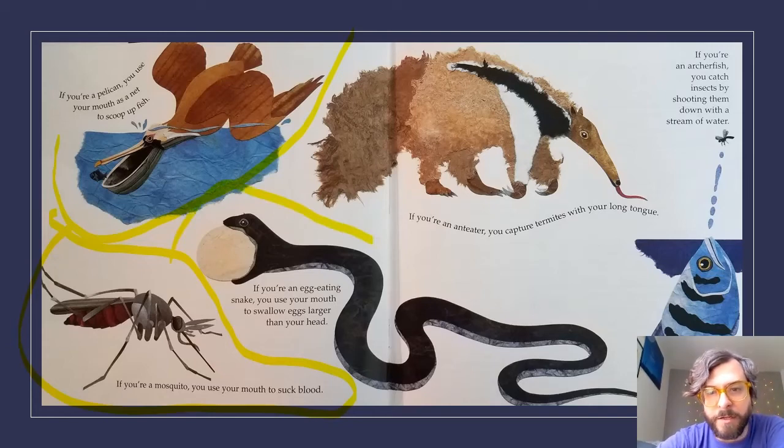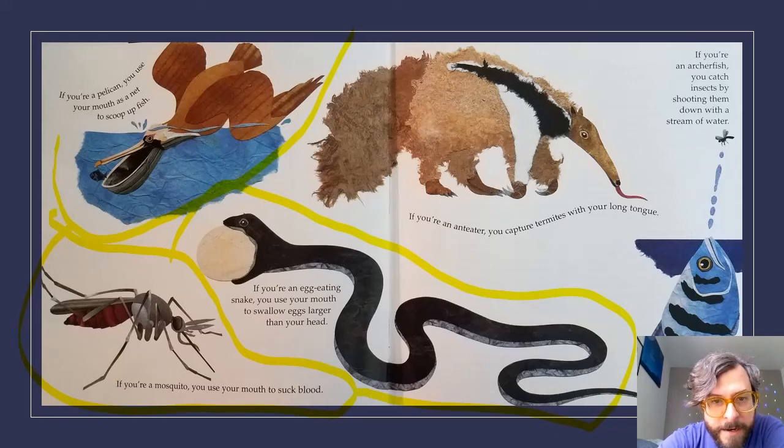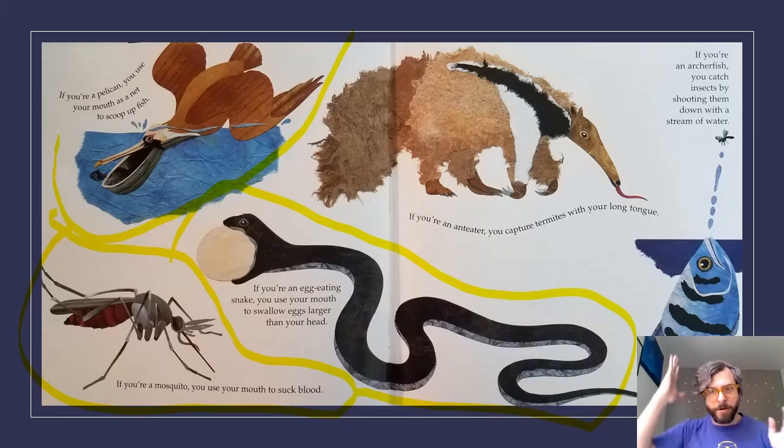Oh, and here we get to see why the snake's mouth was special here, because we could tell it was a snake, but couldn't tell why. If you're an egg-eating snake, you use your mouth to swallow eggs larger than your head. Take a minute to think about that. Imagine picking up an egg that's bigger than your head right now and fitting it in your mouth.